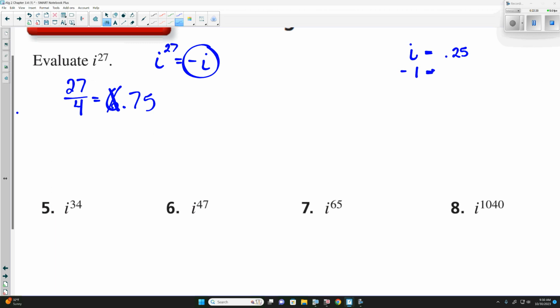Negative 1 is 0.50. Negative I is 0.75. And 1 is 0.00. But for most calculators, unless they're set to round or go out to 2 decimal places every time, it won't give us 1 for 0.00.